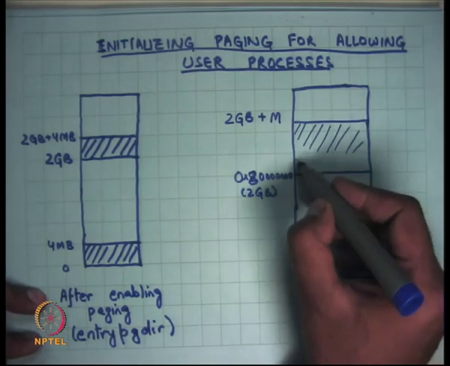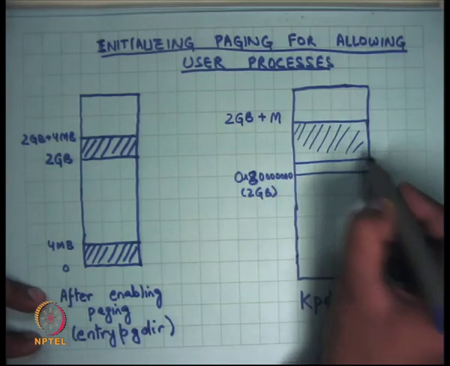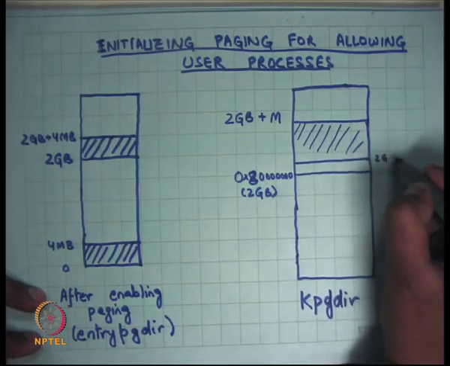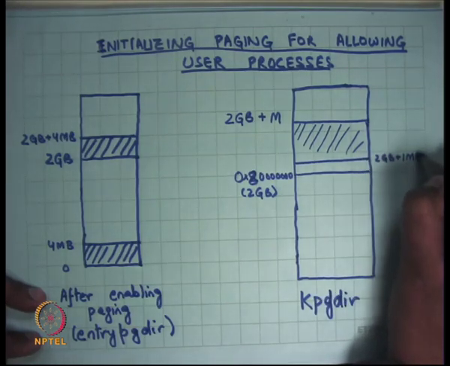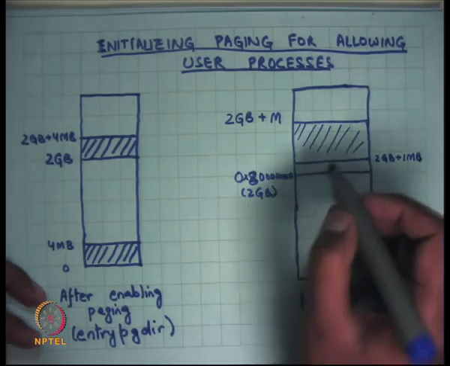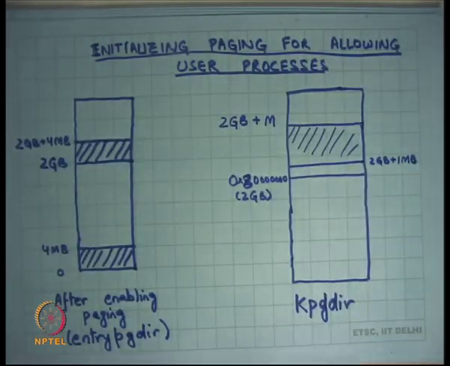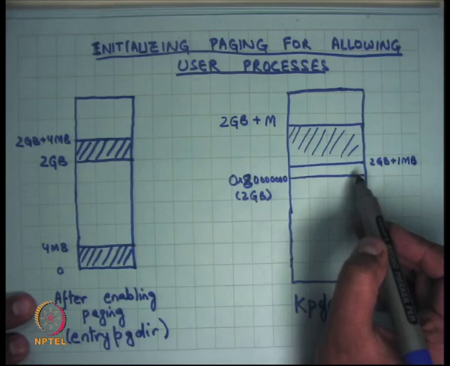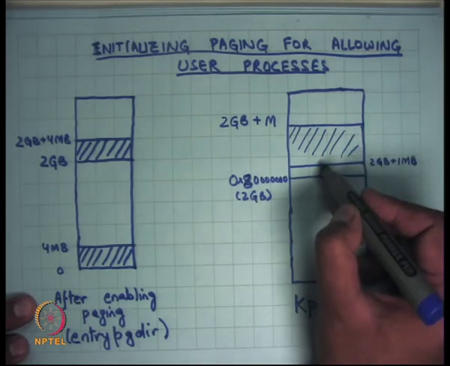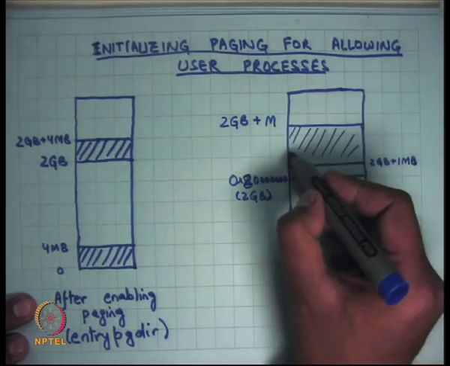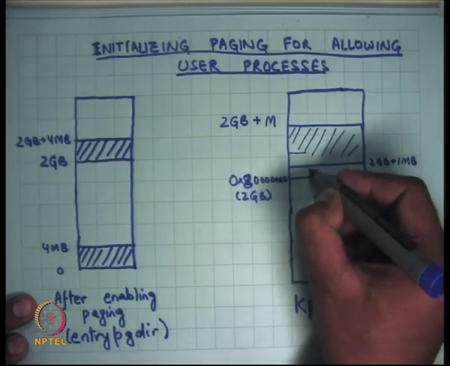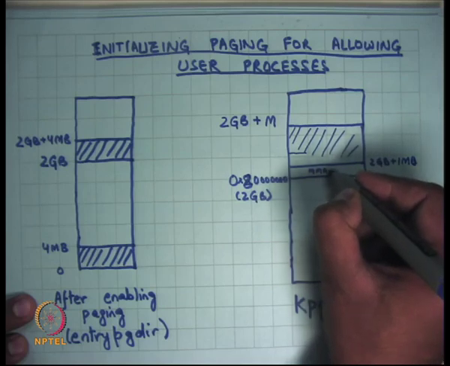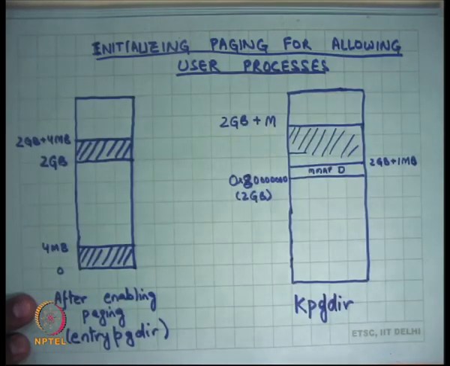Also recall that the first 1 MB was reserved for memory map devices. The first 1 MB of physical memory address space is actually not memory, it's console and other things. So even that gets mapped, but that's just reserved for the memory map devices, let's say mmapd.